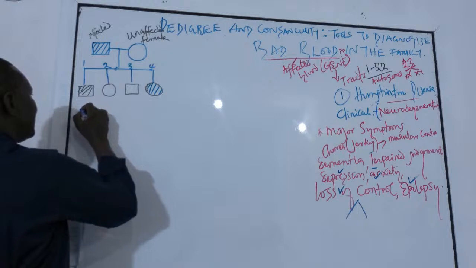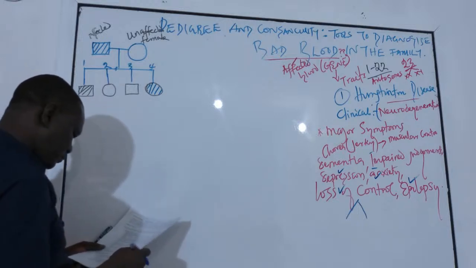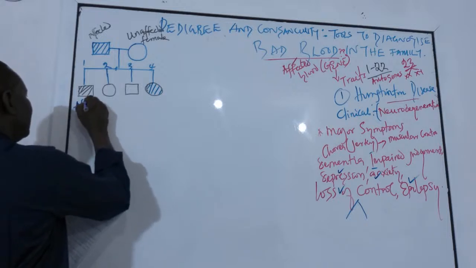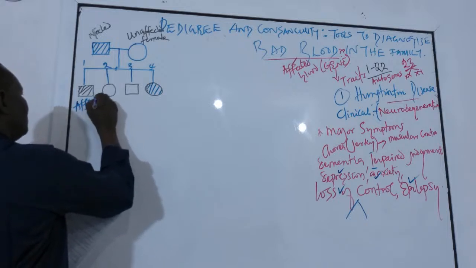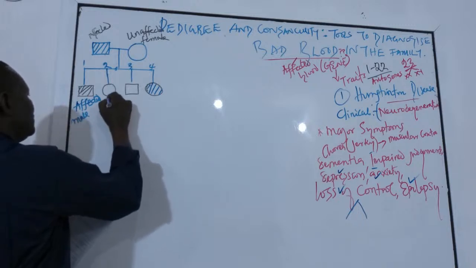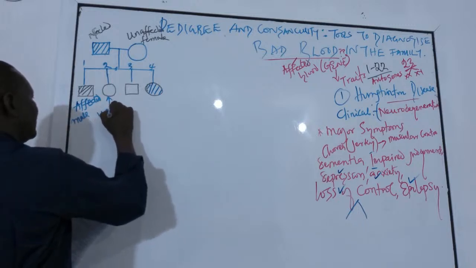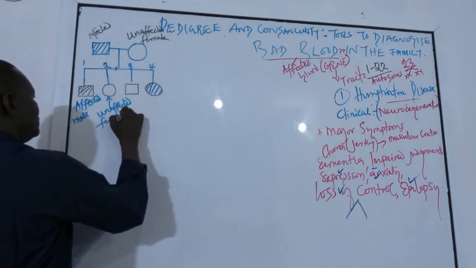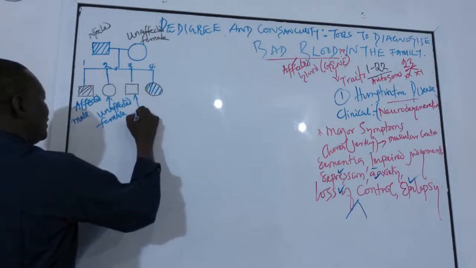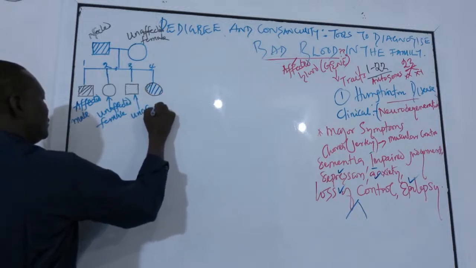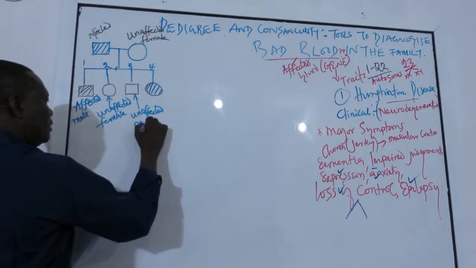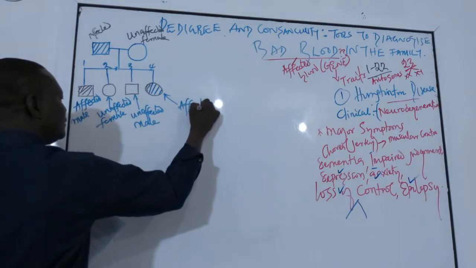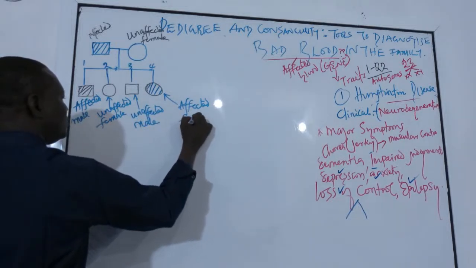So you can now see that this one is an affected male, this one is an unaffected female, this person is going to be an unaffected male, whereas this person is going to be an affected female.